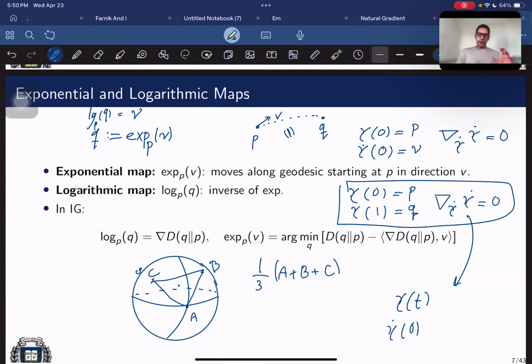So we found the exponential and we found the logarithmic map. We have defined the connections. And now let's see in our example, what's the median point? What's the closest point to all of the other 3 points? Again, when we talk about closeness in Riemannian geometry, we can go with 2 different notions, as we discussed earlier.